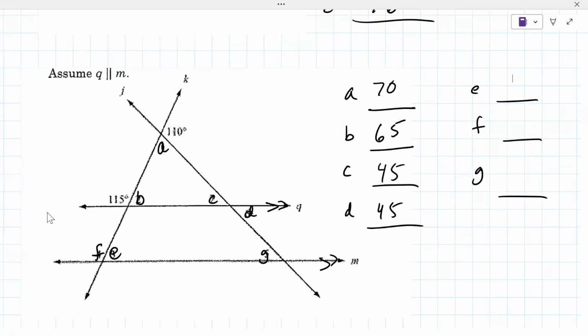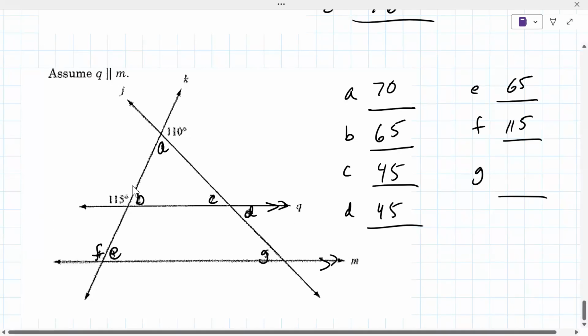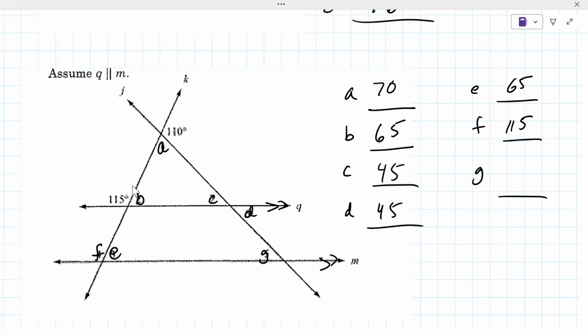Yeah, it's 115 then. Yes. Okay, so then E is 65. E is 65. F is 115, right. The same thing applies to G. G is 45. G is 45. Good. Okay.